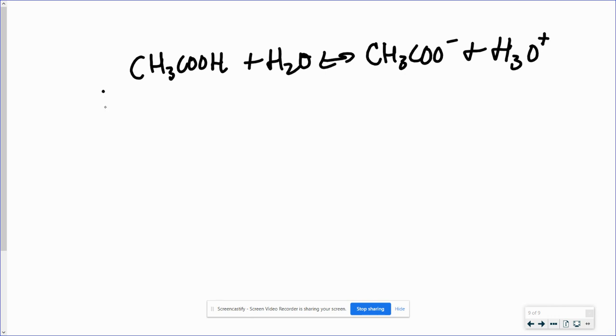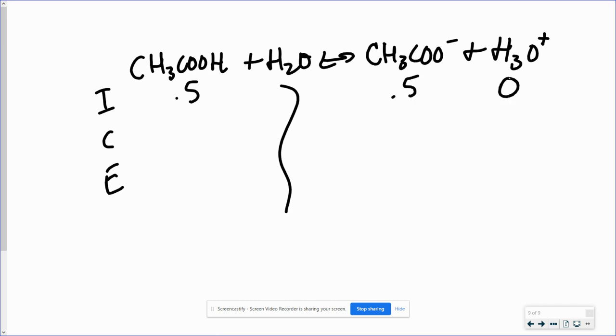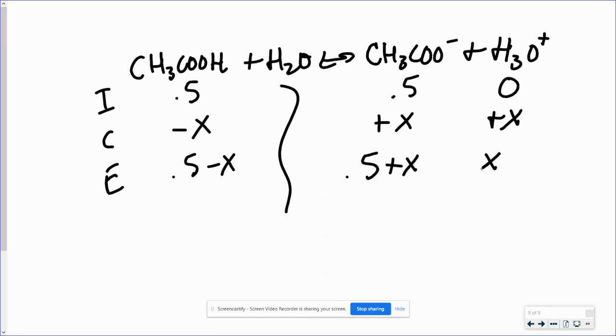Initially, we would have had 0.5 molar of this, water doesn't have a concentration, 0.5 molar of this and 0 of this. This would have been minus X, this plus X, and this plus X. So we'd have 0.5 minus X, 0.5 plus X, and X.